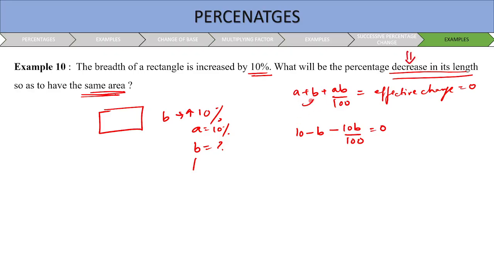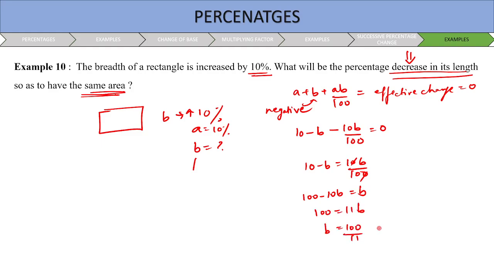That means there is a negative B. Decrease in the sense negative. So 10 minus B equals 10B by 100. You will just cancel it out. You will get 100 minus 10B equals B. So 100 equals 11B and B equals 100 by 11, which is 1 by 11 we know is 9.09, which is 9.09 percentage.